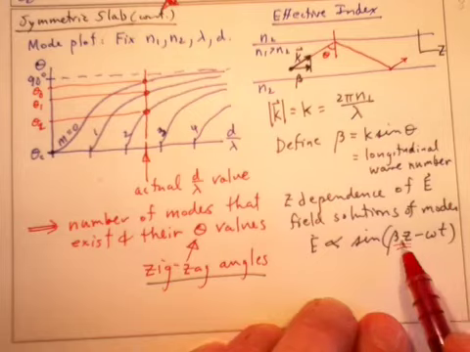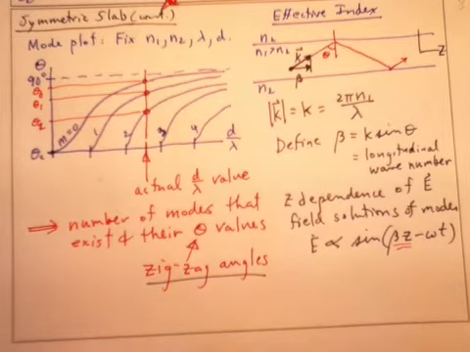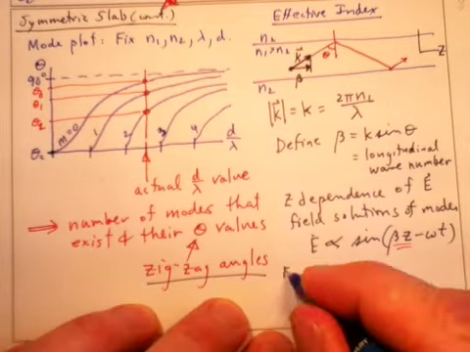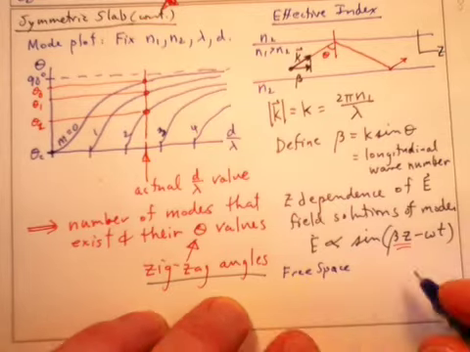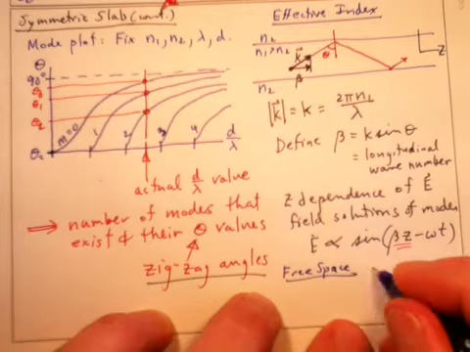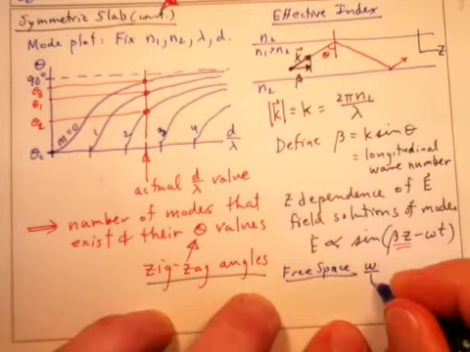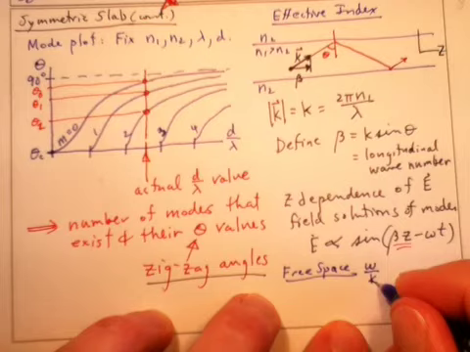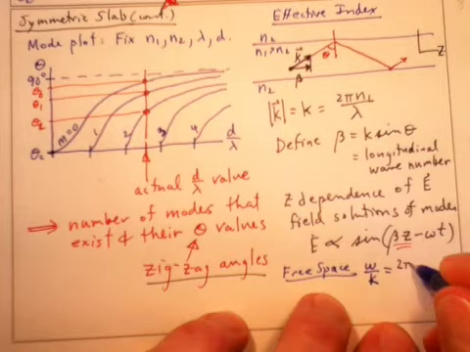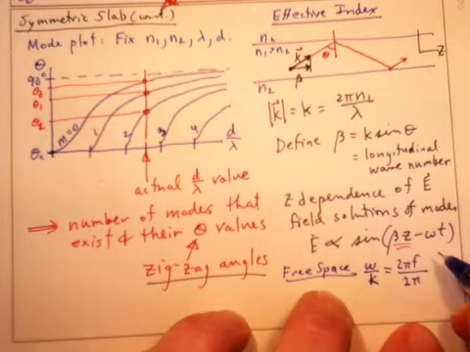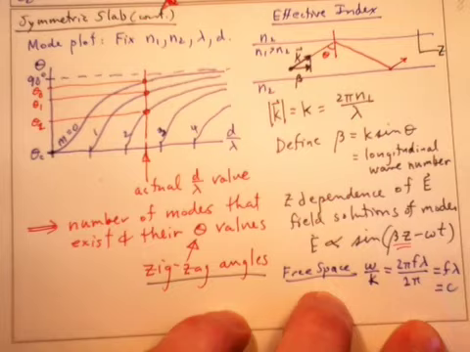It turns out that in free space, if we take the ratio omega over k, we have 2 pi f divided by 2 pi over lambda, which turns out to be f lambda, which is c, the propagation speed in free space.